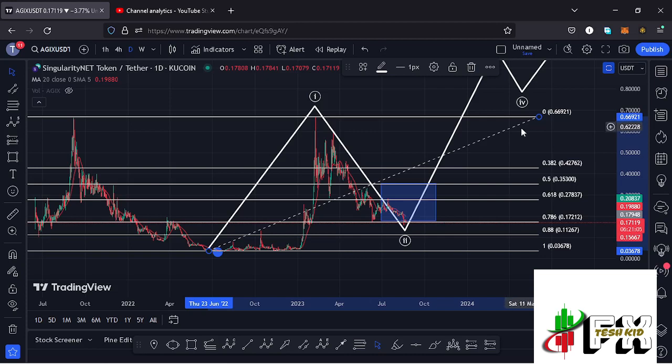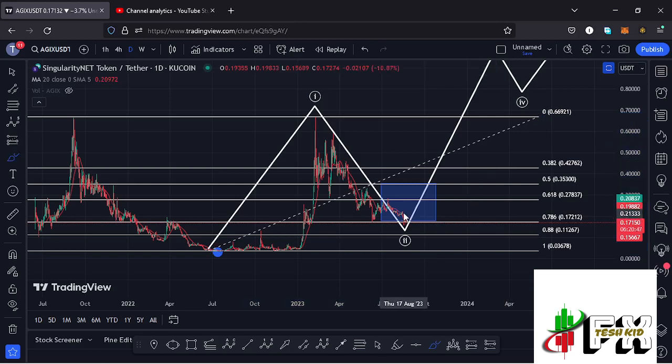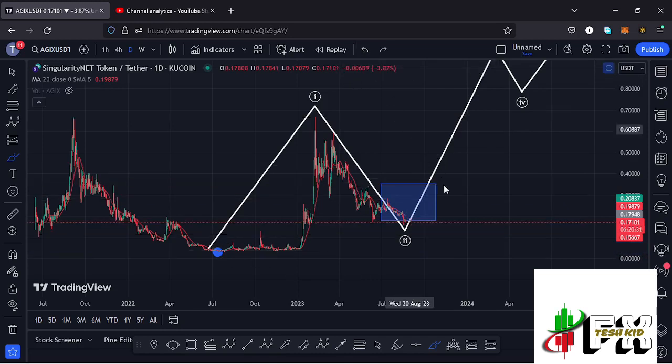But if by any chance we lose the Fib level 0.88, then that will be giving us the risk of AGIX giving us a complete reset of this low that we made last year in June at around the $0.03 mark. So that is the worst case scenario that we need to have in mind in case further breakdown continues and we lose the Fib level 0.88.